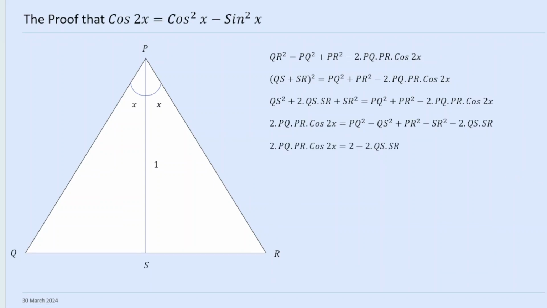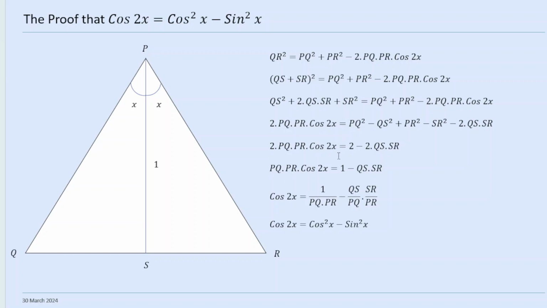We then realize, and this is kind of beautiful, that PQ squared minus QS squared is 1 by Pythagoras' theorem. PR squared minus SR squared is 1 also by Pythagoras' theorem. So we end up with 2 here. We divide through by 2 to give this. We then divide through by PQPR.